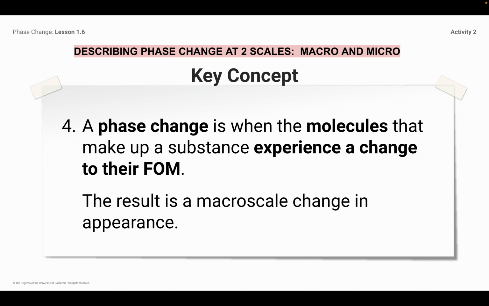So we've been talking a lot about macro scale, molecular scale, and key concept number 4 just kind of puts it all together and says a phase change is when the molecules that make up a substance experience a change to their freedom of movement, to their FOM. And the result is a macro scale change in the appearance.